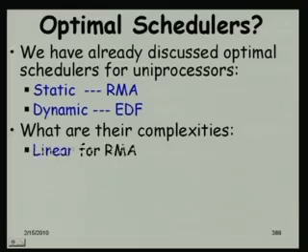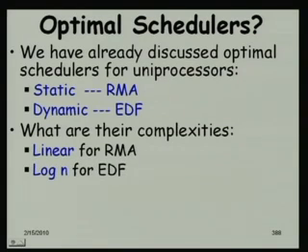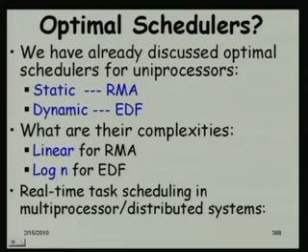Yeah, it is a linear complexity for rate monotonic and log n for EDF. Okay, I am sorry, it will be n log n because this will be for every task, n log n. I have made a mistake here.